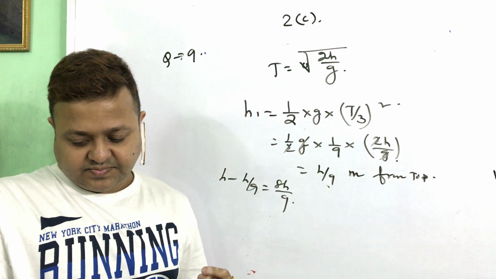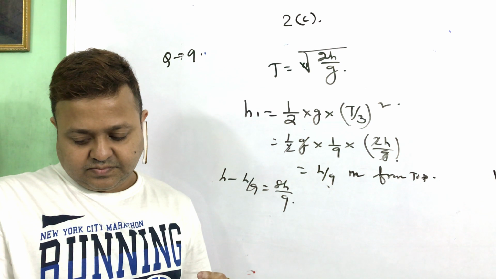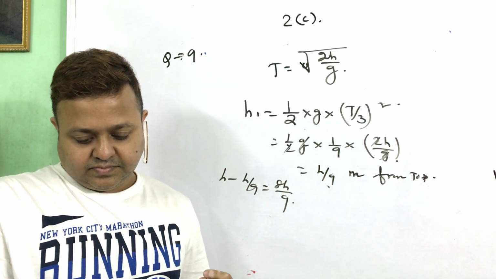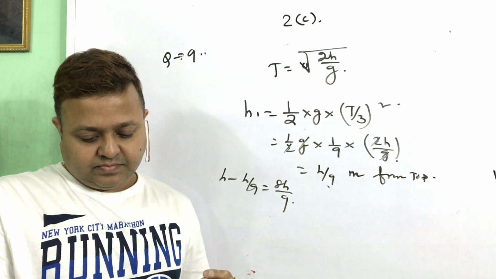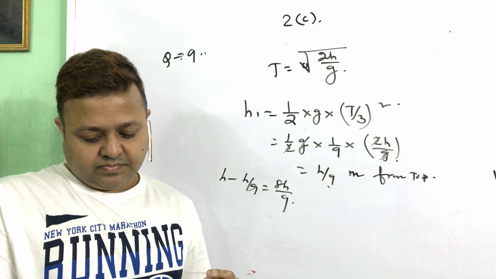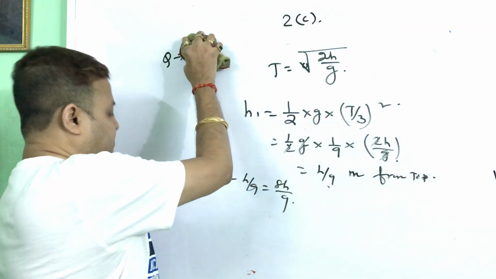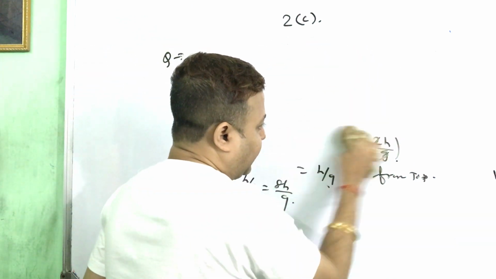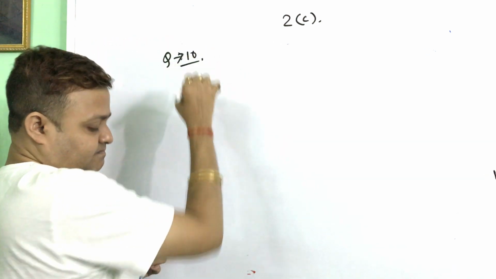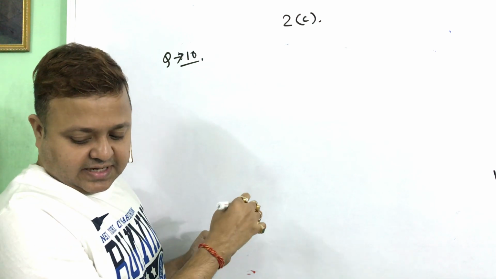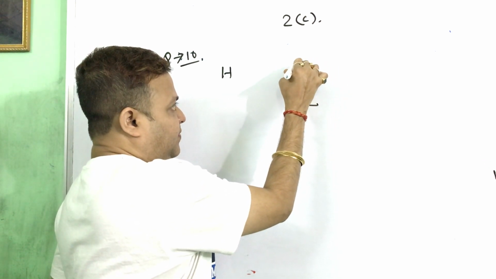Question number 10. From the tower H, a particle is thrown vertically upward with a speed of u.